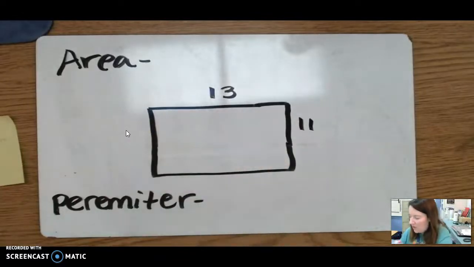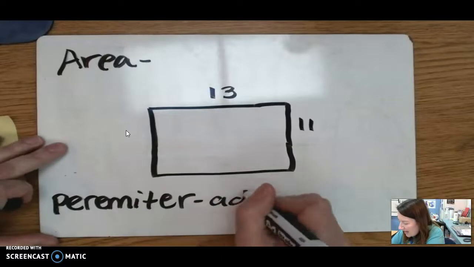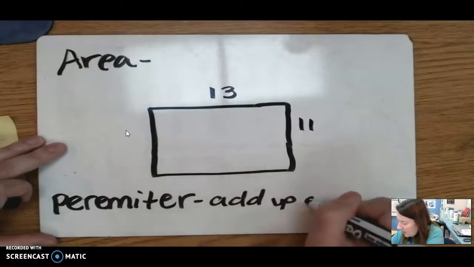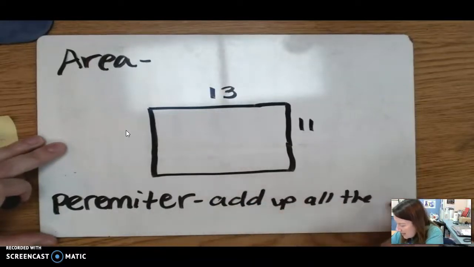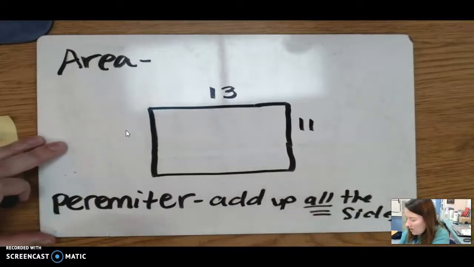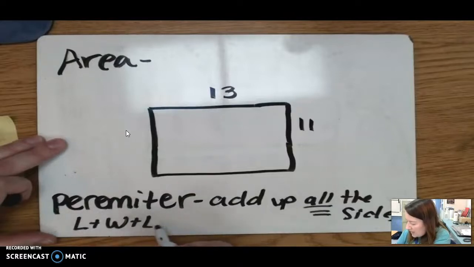All right, so we know perimeter, we add up all the sides. All the sides, not just two of them, all sides. So that's length plus width plus length plus width.